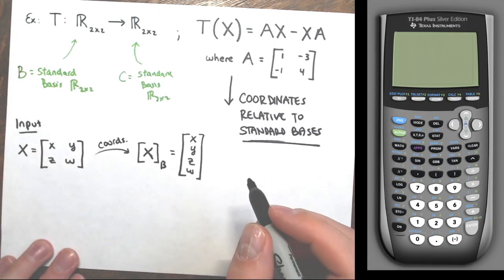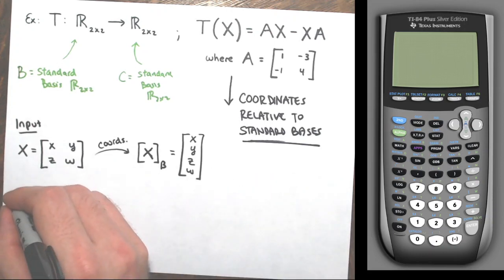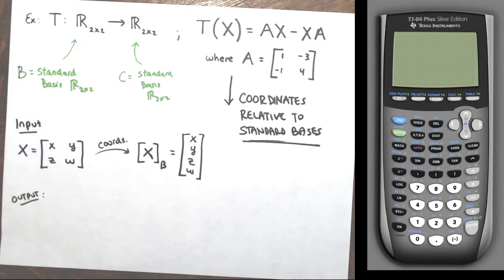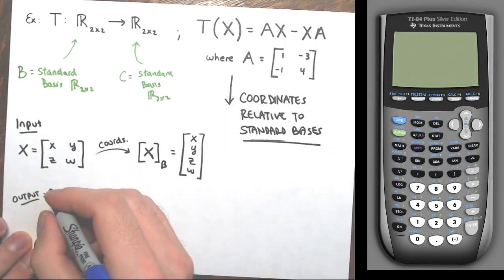Now for the output, we have AX minus XA.